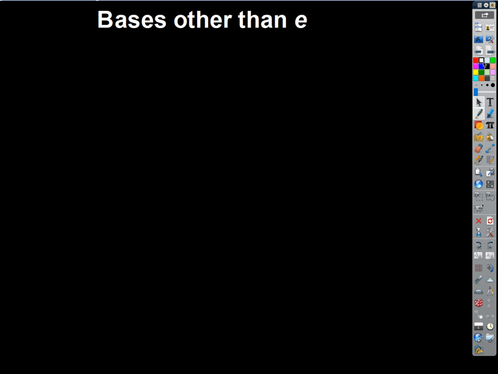So for example, what if we wanted to do something like, let's start general, and then we'll look at some specific examples. What if we want to deal with the function a to the u? We want to take, for example, the derivative with respect to x of a to the u instead of e to the u. How could we write that where it looks like an e to something instead of an a to something?